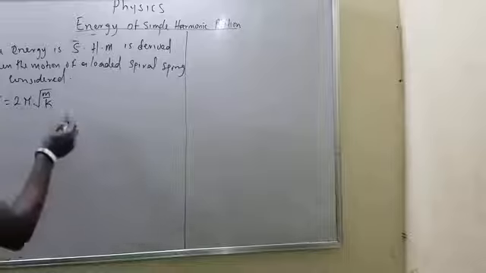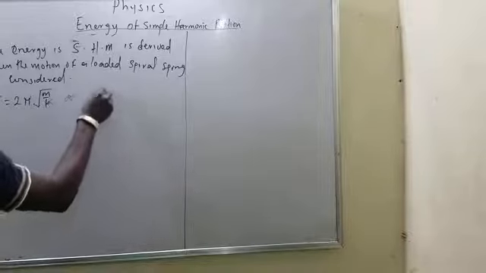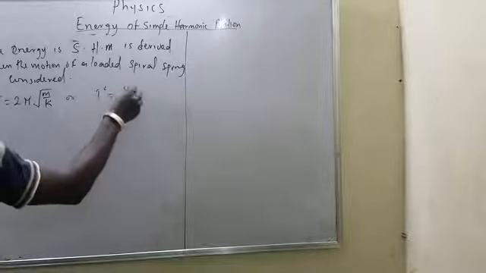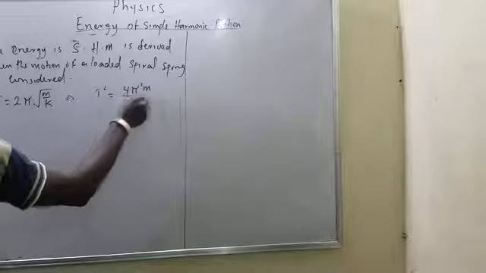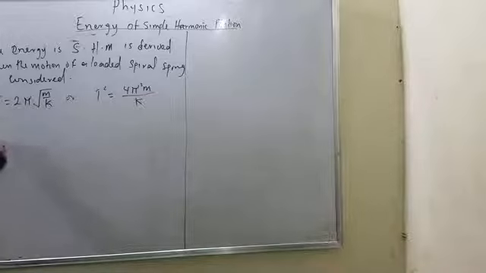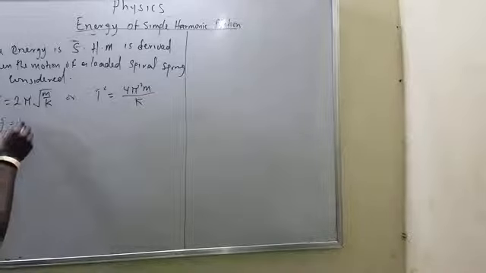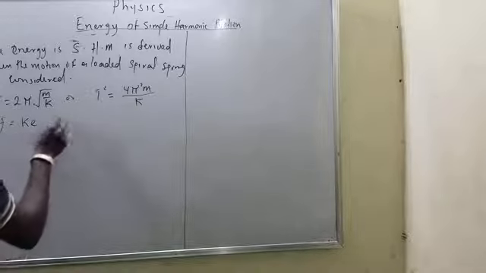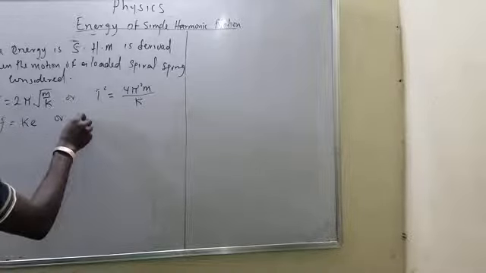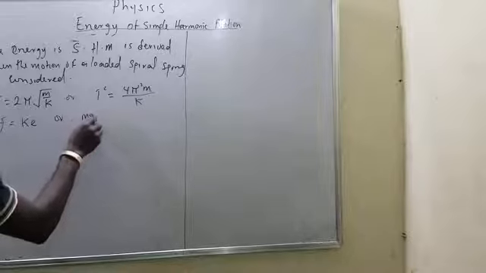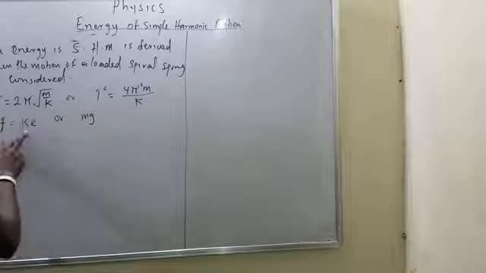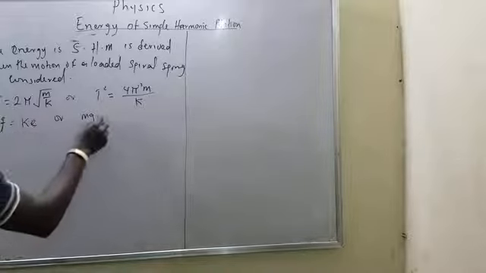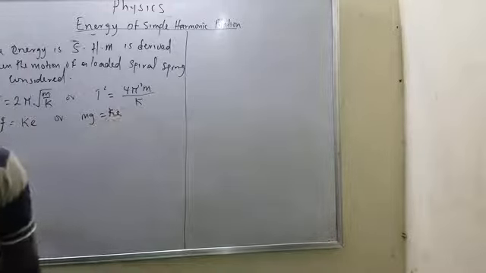We have T squared equals 4 pi squared m all over k. And also my force, mg, equals ke, anyhow you want to do it.